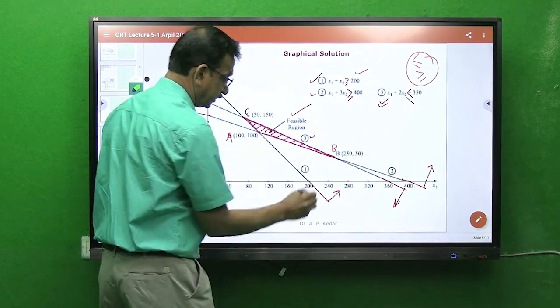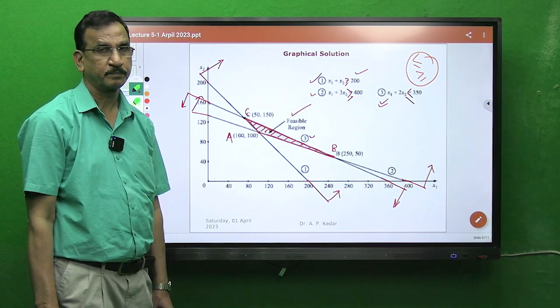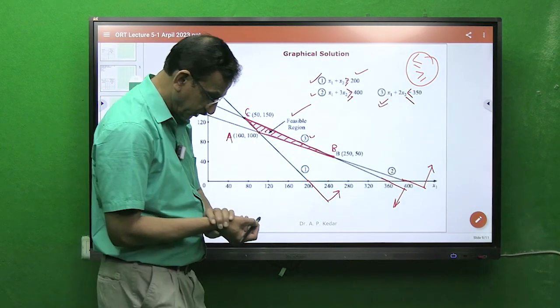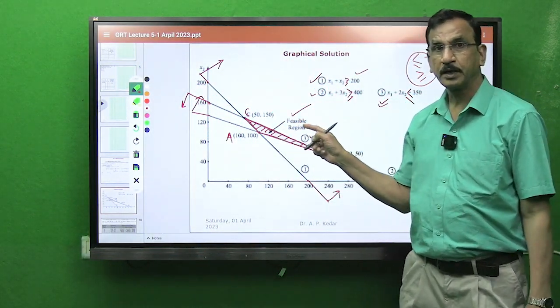This is the area where our solution lies, the area confined by the points A, B, C.